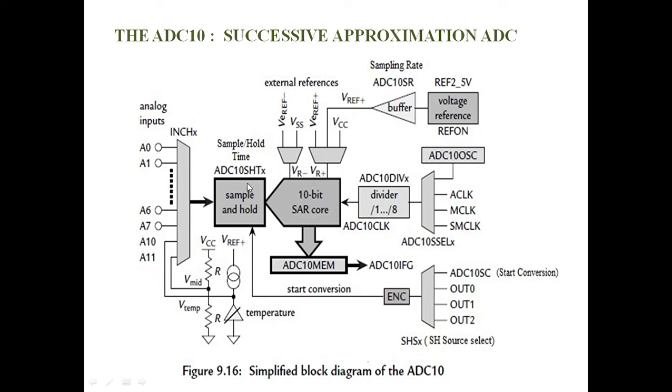Next, the sample and hold circuit samples the input signal in ADC10. We need to select only one channel or multiple channels, and whether to repeat, which is decided by the enable conversion bits.